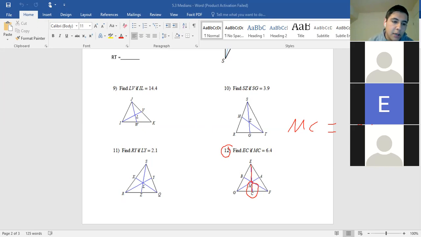Is MC the bigger or the smaller part of the median? Smaller. It's the smaller part. And how much of the entire thing does the smaller part represent? 1/3, yeah. So 1/3 of the entire thing is equal to MC. And we already know that MC is equal to 6.4.